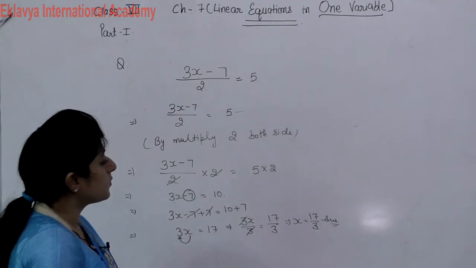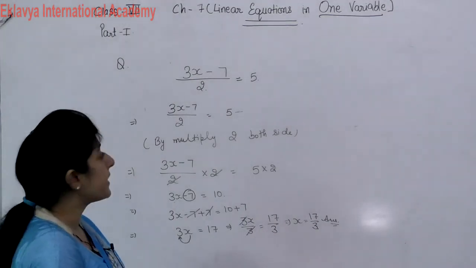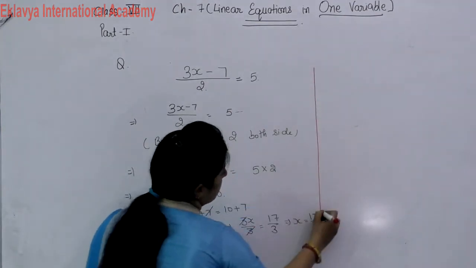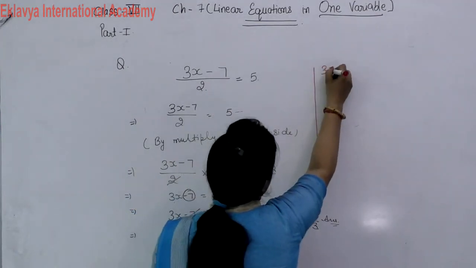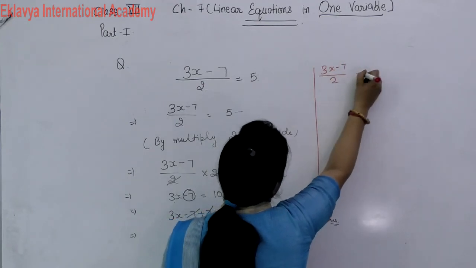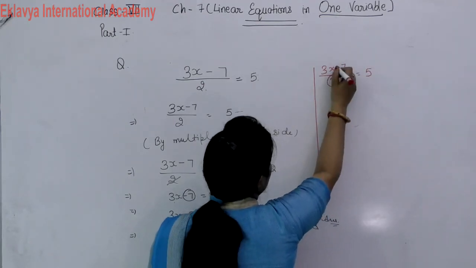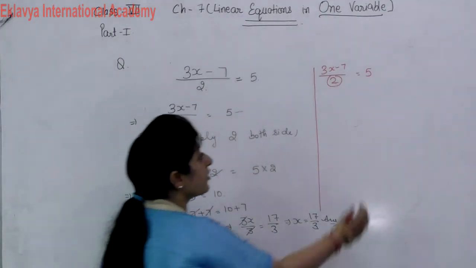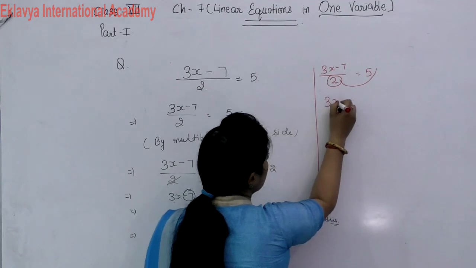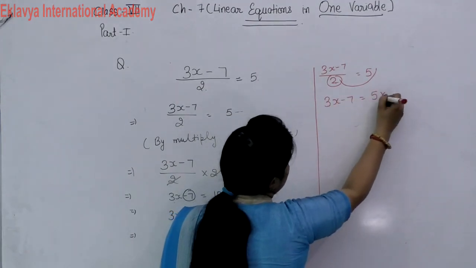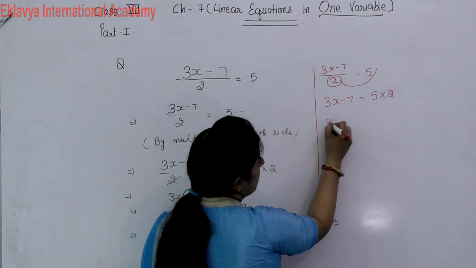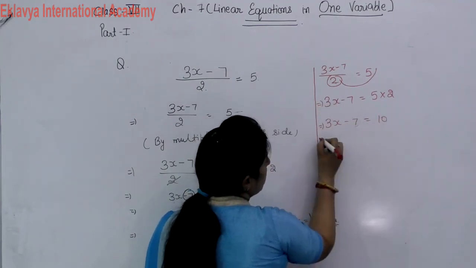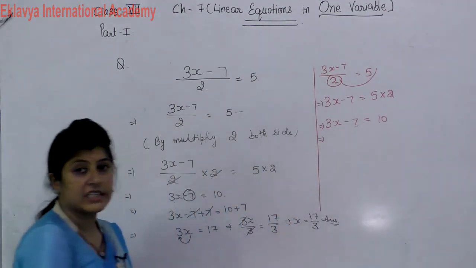If we want to solve it by the transpose method, then see, in the transpose method (3x - 7)/2 = 5. Here 2 is in division of the whole equation, which means for solving it we have to do multiplication: 5 into 2, then it becomes 3x - 7 = 10 directly.